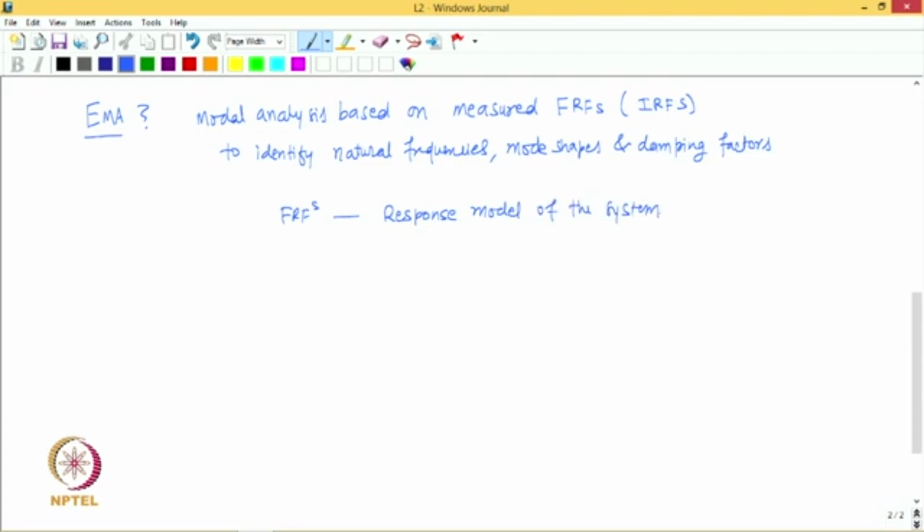Okay. And the identification which is done to obtain the natural frequencies, mode shapes and damping factors, these identified characteristics are called modal characteristics, and together they also form a description of the system, and that description is called the modal model of the system, right.